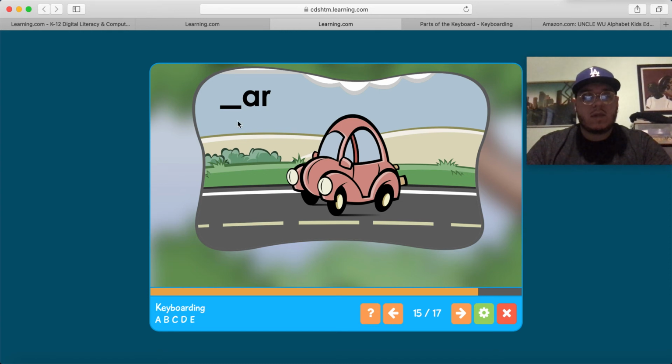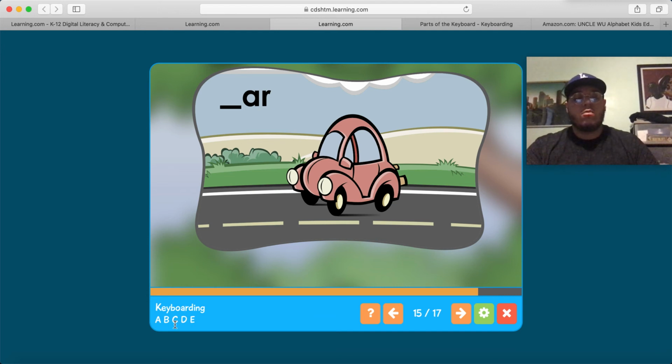No, I don't think that sounds like a k sound. So let's go to the next one. B, right? B makes a b sound. Is that going to fit right here for car? No. You can make another word with that, but it's not going to be car.